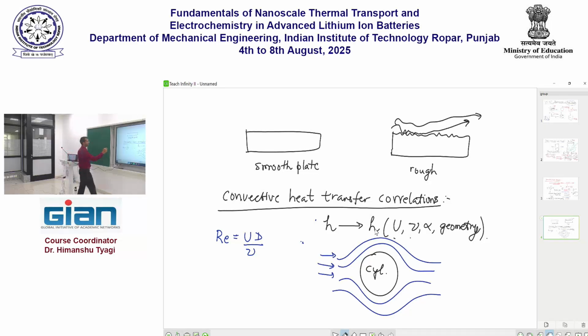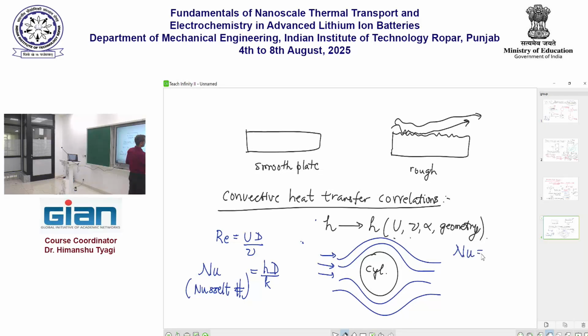And the convective heat transfer coefficient is typically represented by the Nusselt number, which is given by hd over k. And typically these correlations are written in terms of Nusselt number is a function of the Reynolds number and also the Prandtl number.